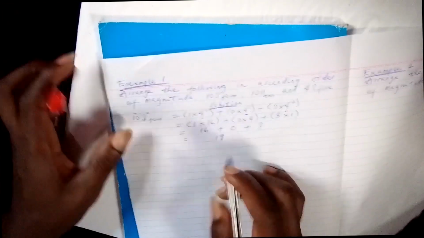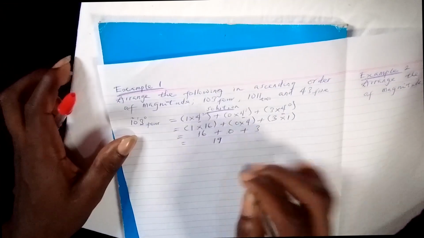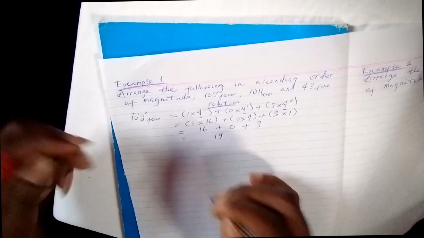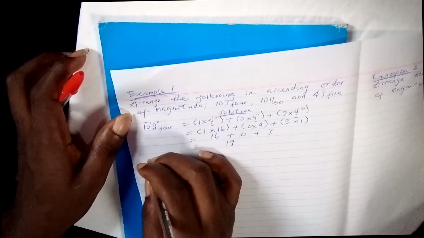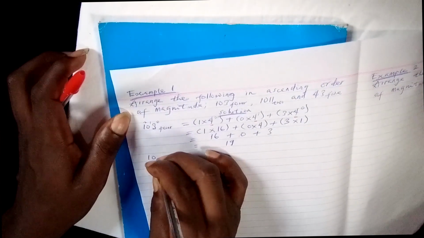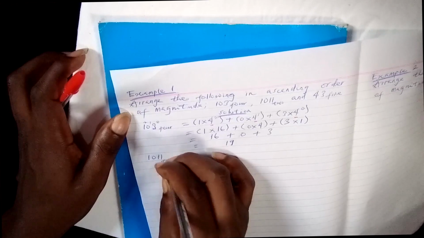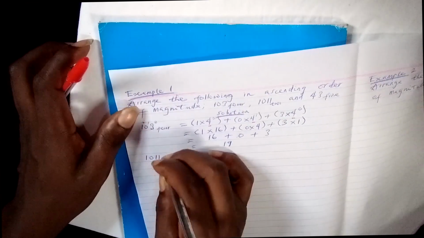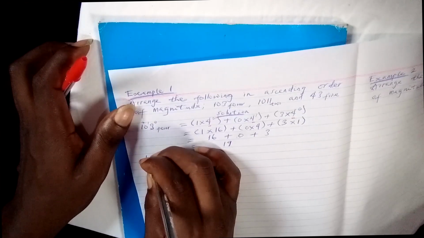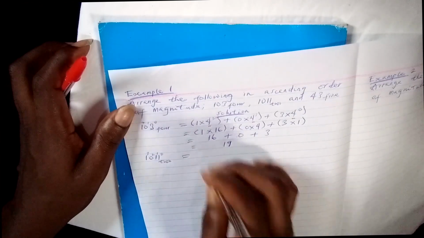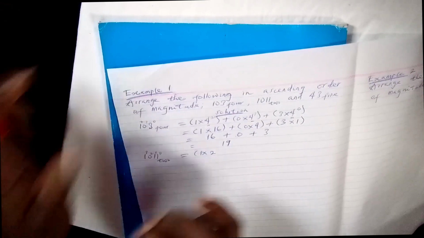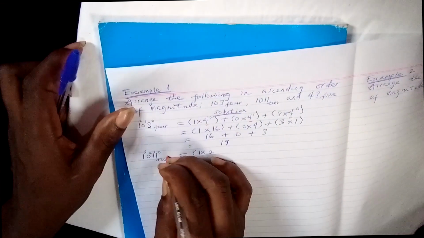Now let us continue to change 1011 base 2 to base 10 using the same approach. 1011 base 2 is equal to, we give them powers. Now 1 times 2, the 2 here is the base we are dealing with.